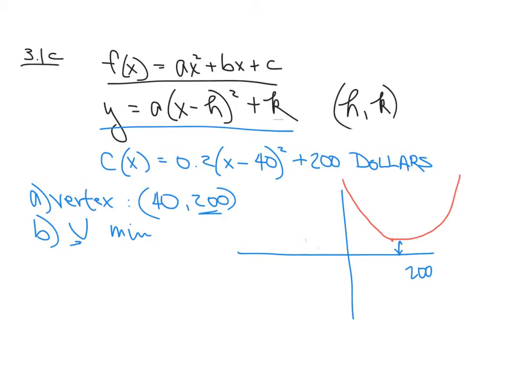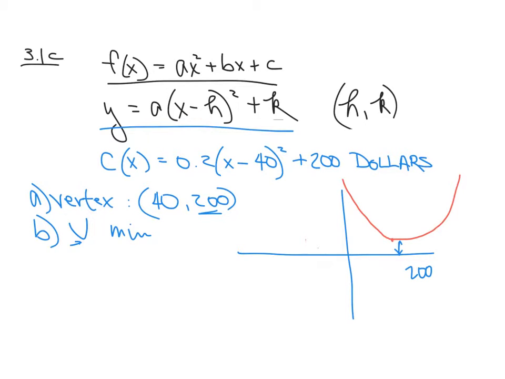So part D is asking what happens to the function between x is 0 and the x-coordinate of the vertex, this part right here. What happens here is my y value gets smaller and smaller and smaller until I get down here to 200, my vertex, and then it starts increasing again.